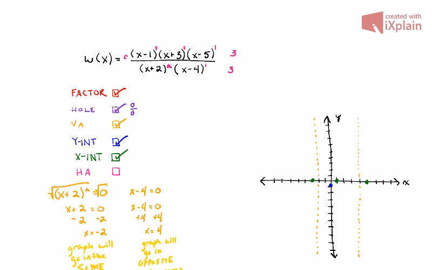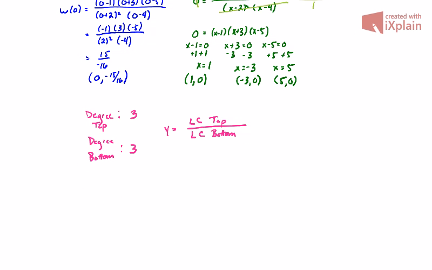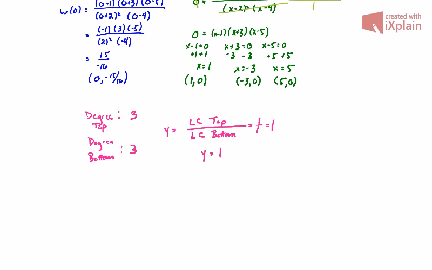The lead coefficient we usually denote as an A whenever we've solved these in previous problems. So the fact that you don't see any sort of A's in here tells me that the lead coefficient must just be 1. So that means that we have 1 over 1, or simply our horizontal asymptote is just at y is equal to 1.